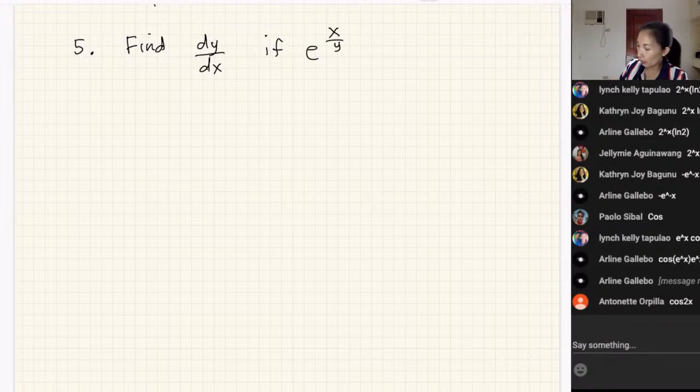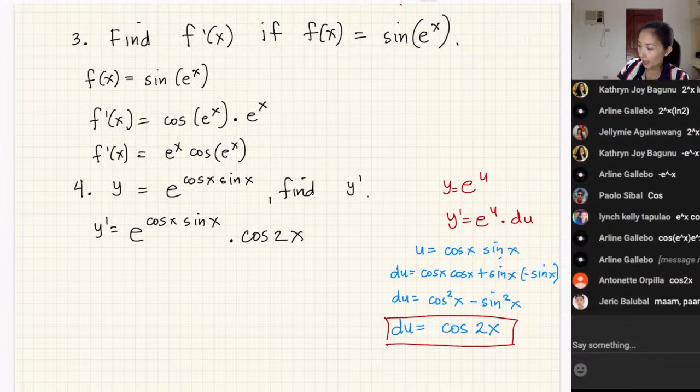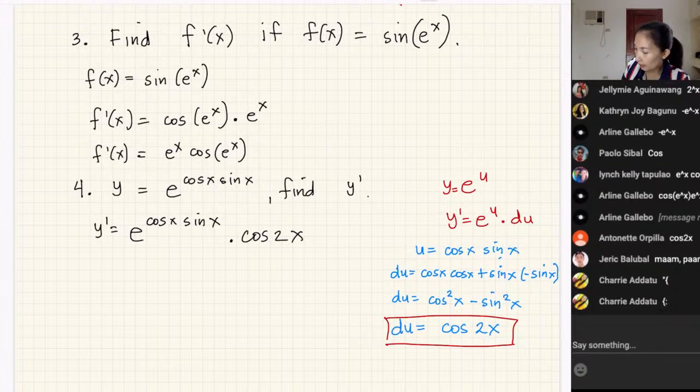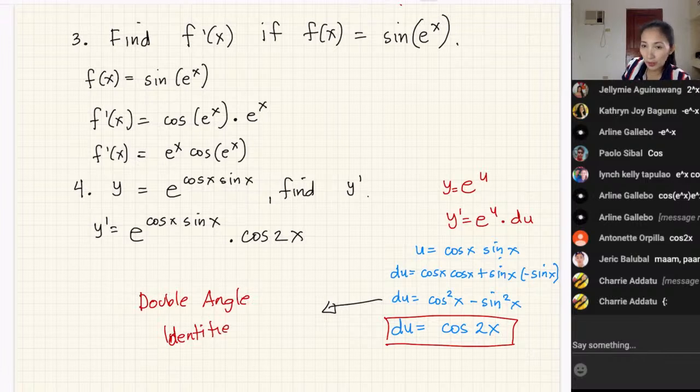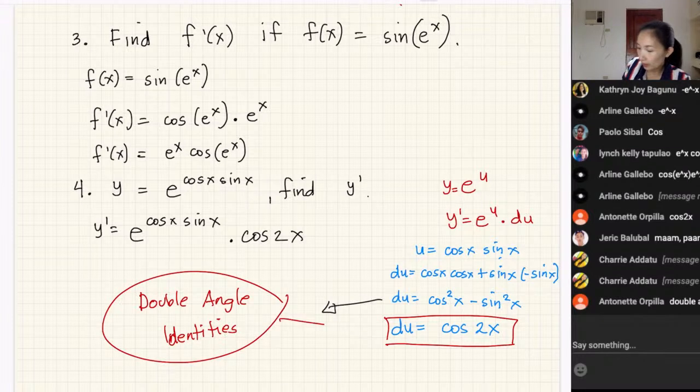How did it become cosine 2x in the identities? From your double angle identities. Cosine of 2x is equal to cosine squared x minus sine squared x.